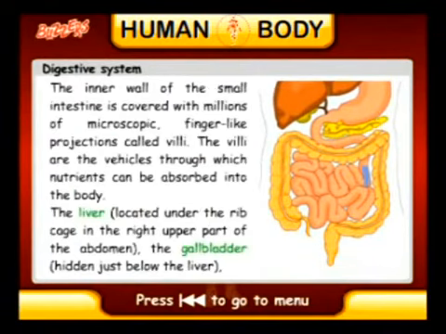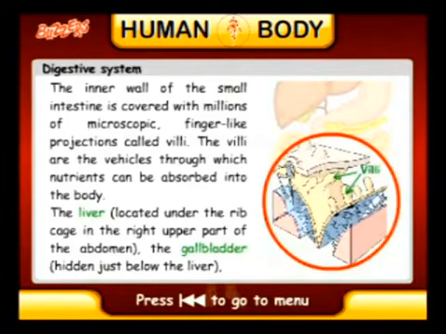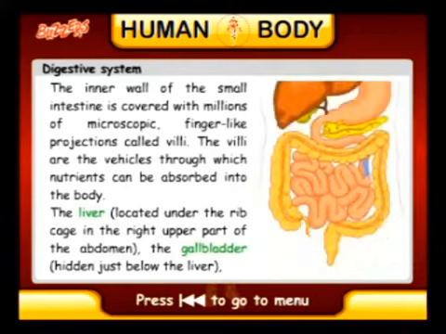The inner wall of the small intestine is covered with millions of microscopic, finger-like projections called villi. The villi are the vehicles through which nutrients can be absorbed into the body.